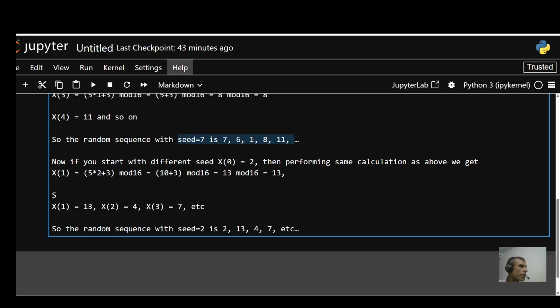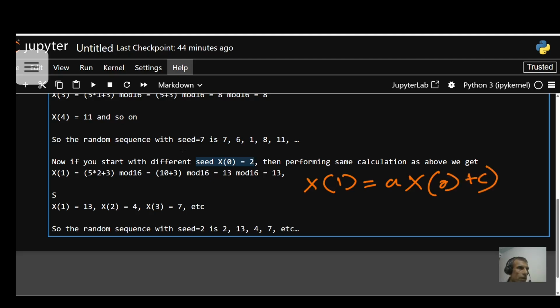Now let's say I use a different seed, x0 equal to 2. What happens now? Same process. x1 is equal to a times x0, plus c, then mod m.